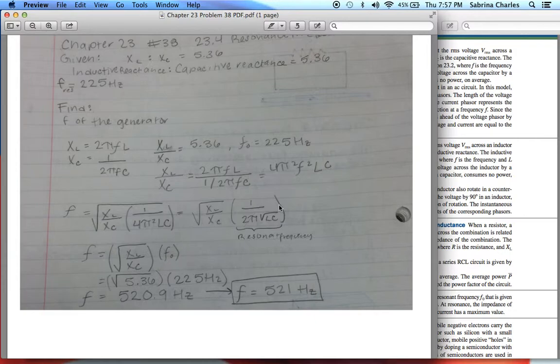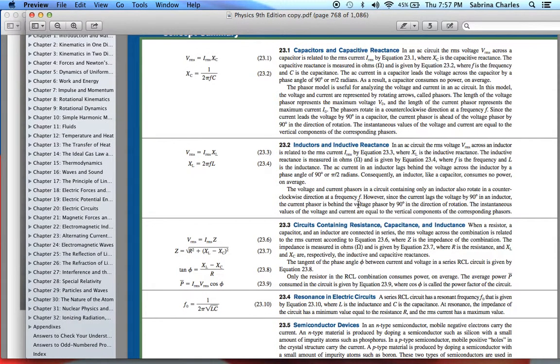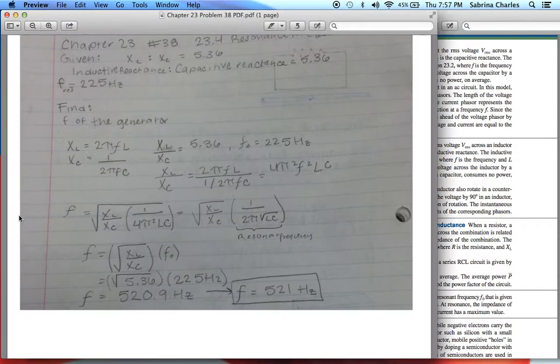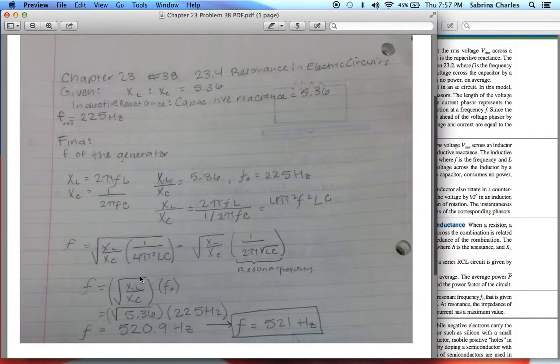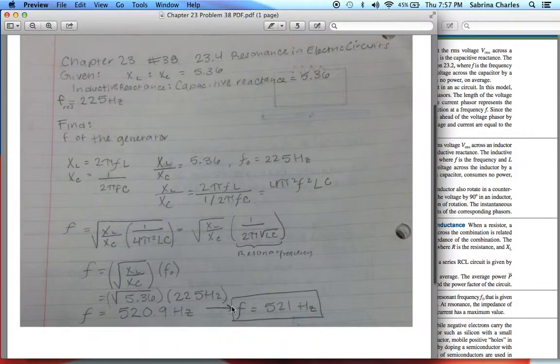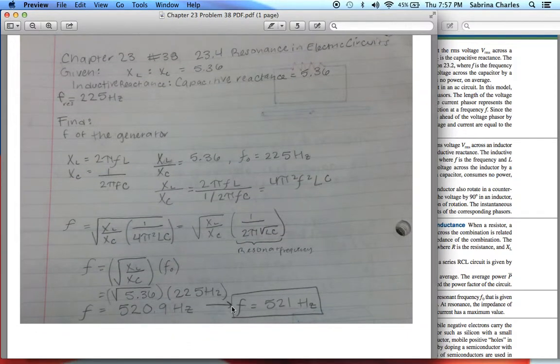So since F sub 0 is equal to 1 over 2 pi square root of LC, that works out perfectly. And we just plug in. So XL over XC is 5.36, and we just square root that, and we multiply that by 22.5 hertz. And that gives us the final answer of 520.9 hertz, which we then round to 521 hertz.